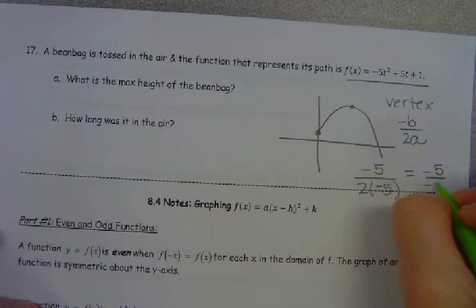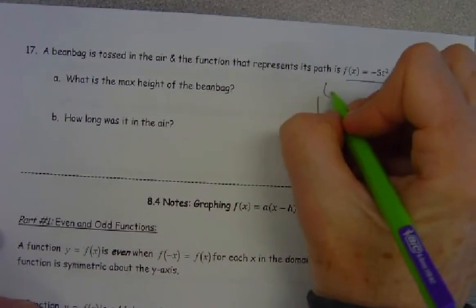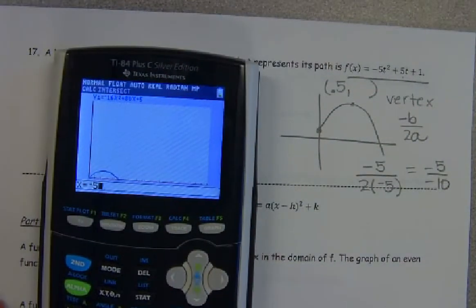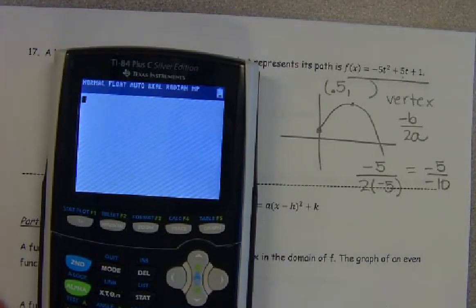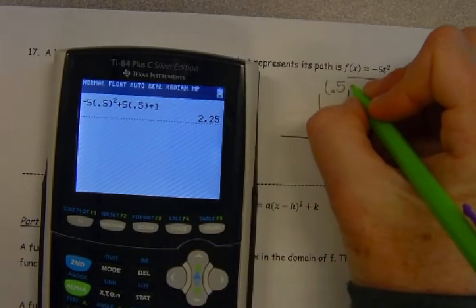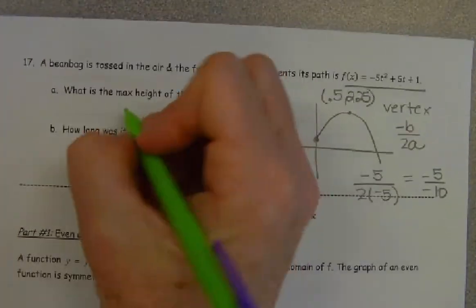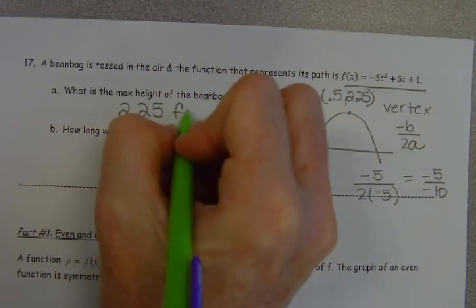Negative 5 over negative 10 is 0.5. So that vertex is going to occur at 0.5 seconds. I'm then going to plug it in, clear my screen. So negative 5 times 0.5 squared plus 5 times 0.5 plus 1, and it looks like the beanbag gets 2.25 feet high. So the max height is 2.25 feet.